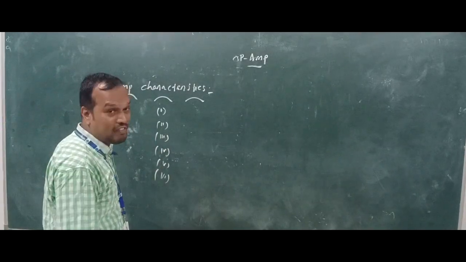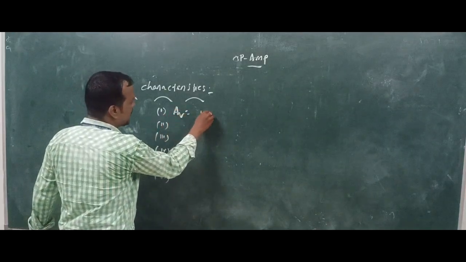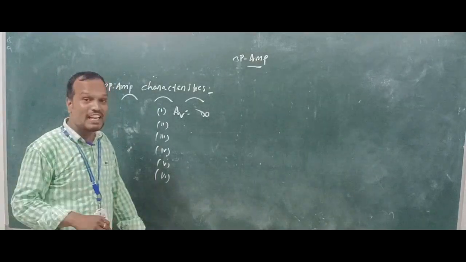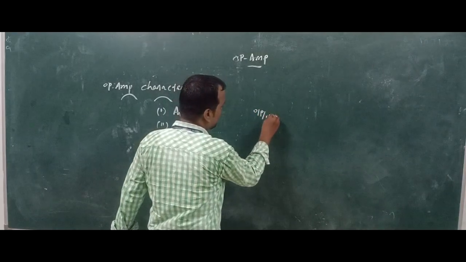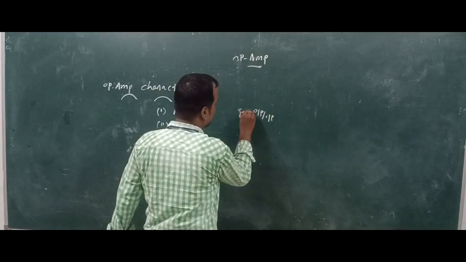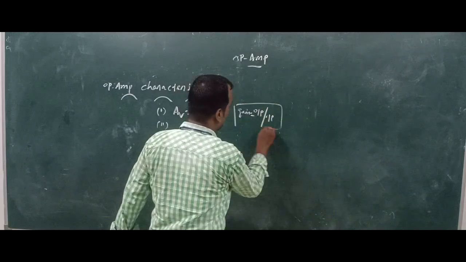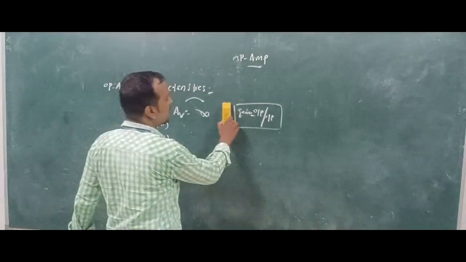The first is the input voltage gain, which is infinity. That is, the gain of the op-amp is infinity. What do you mean by gain? Gain is nothing but output by input. Gain stands for total output by total input. So the op-amp always has infinite voltage gain.